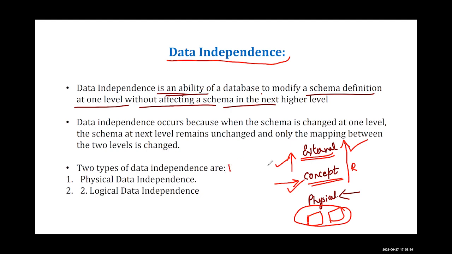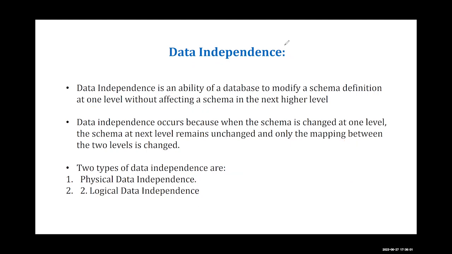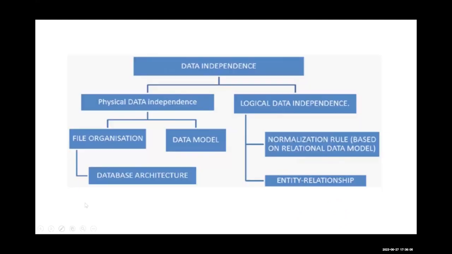Now there are two types of data independence. One is called physical data independence, and the other is called logical data independence. I think by now you have understood the meaning of that. So what is physical data independence? For example, if you're changing the file organization, data model, or the database architecture, this change does not affect your conceptual schema or your external schema.